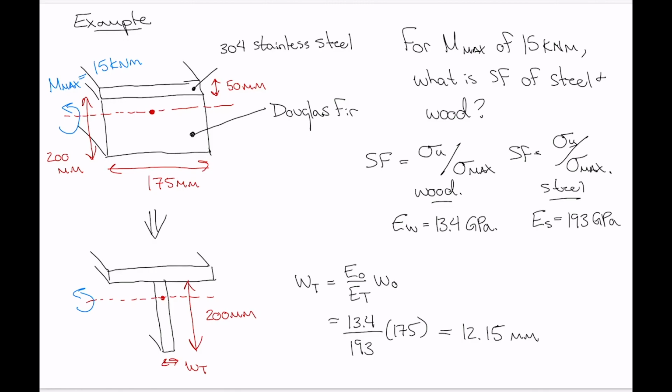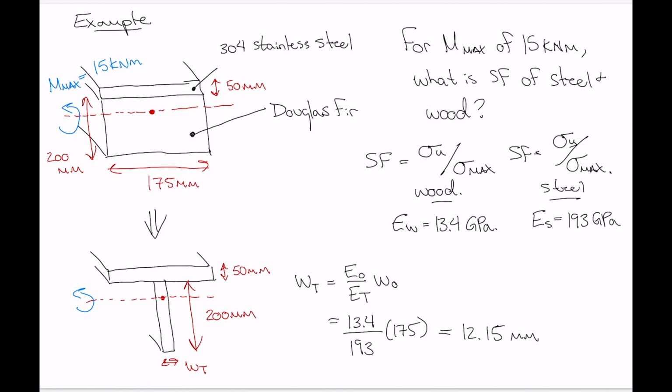Now we want to calculate the moment of inertia of that transformed cross section. I'll add a couple of dimensions and paste this to a new page to take it with us.